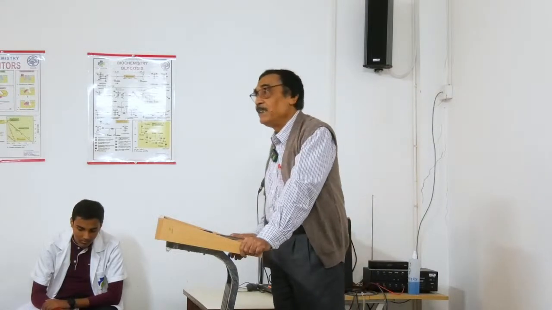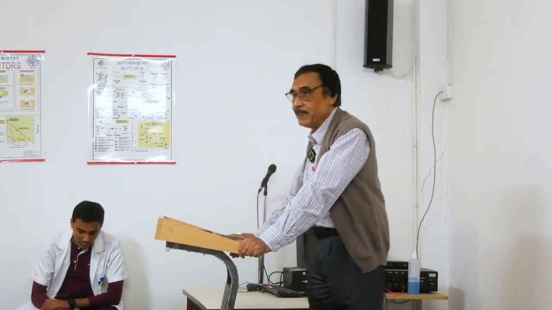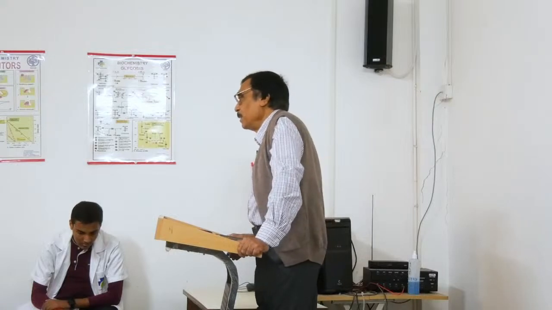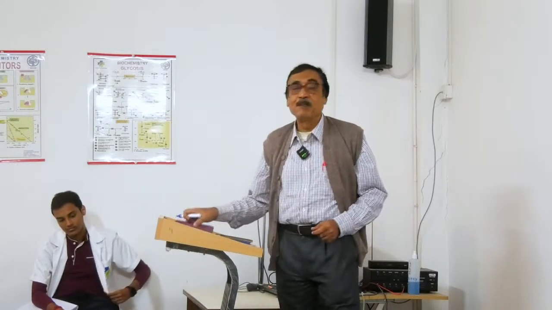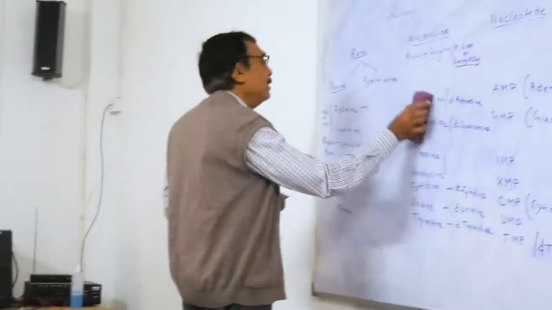Polymer of the nucleotide is the polynucleotides. Polynucleotides means nucleic acids. Nucleic acids are of the two types, DNA and RNA. It is a basic conception of the nucleotide.